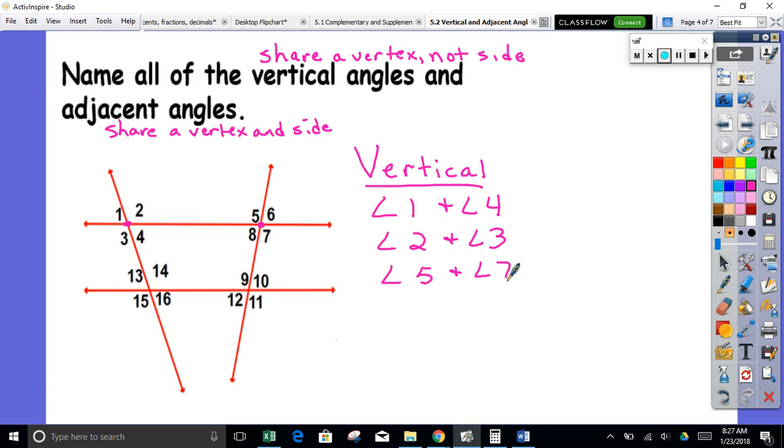Brayden, take a look at angle 9 right here. Which angle shares a vertex but not a side with angle 9? 11. So angle 9 and angle 11. Let's keep going with this. Eve, give me another set of vertical angles. 12 and 10, good.